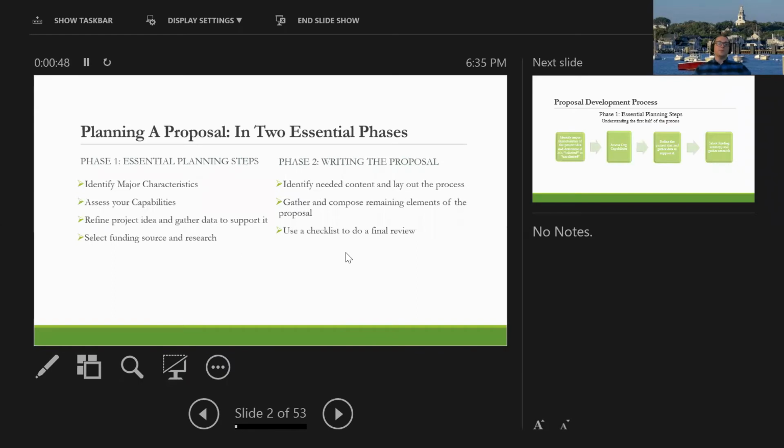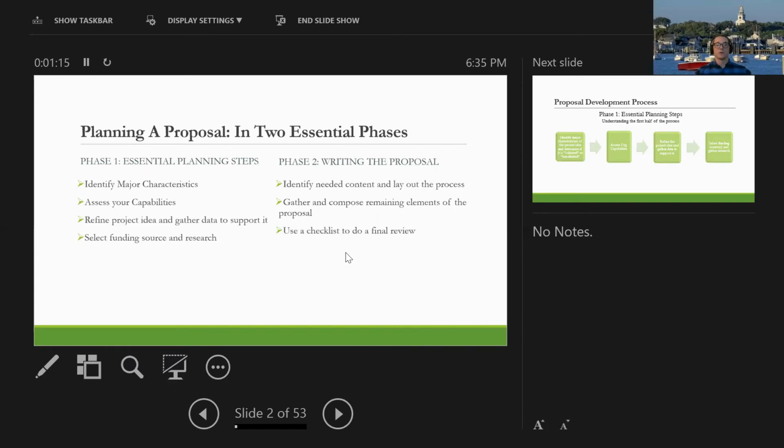So we're going to start with the ideas of planning a proposal. And this is going to be broken down into 2 essential phases. And that's what we're going to cover tonight. Phase 1, the planning steps, and phase 2, writing that proposal. And within that phase 1, we're going to identify major characteristics, assess your capabilities, refine project ideas, and select funding sources and research.